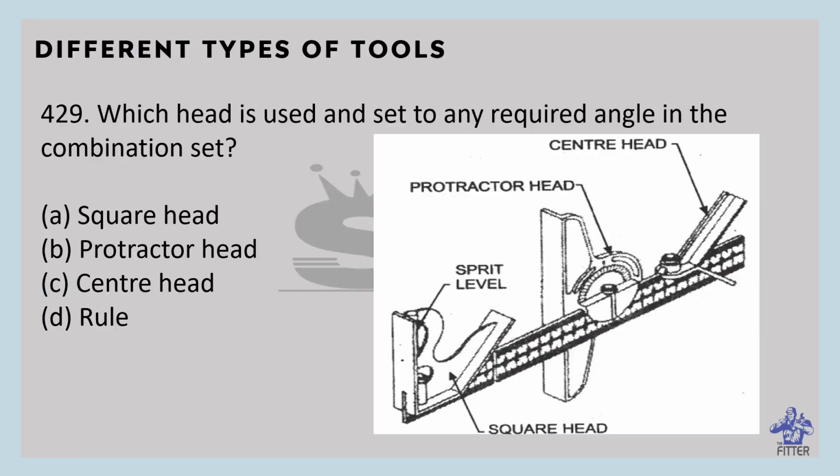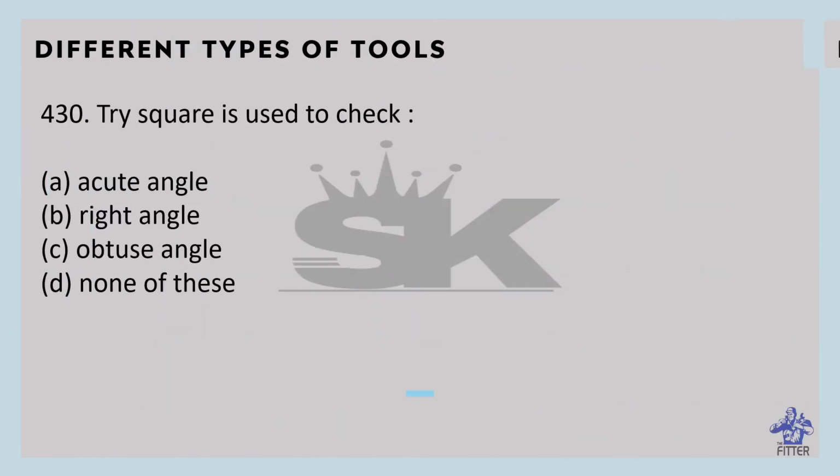Which head is used and set to any required angle in the combination set? That is the protractor head. You can find it in the image; this is the protractor head. The try-square is used to check right angles, that is, the 90-degree angle.